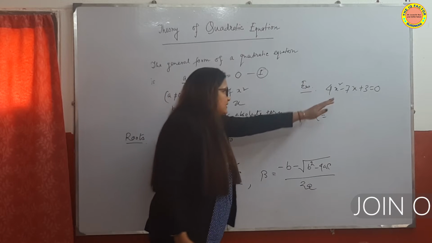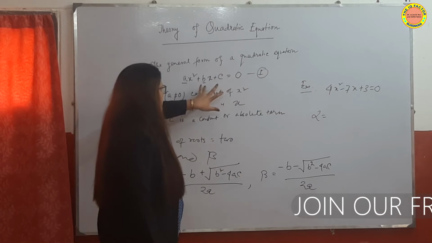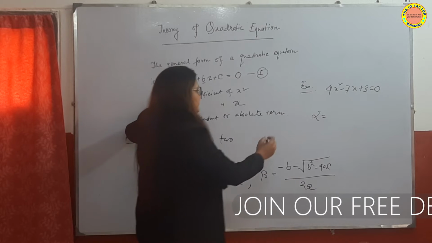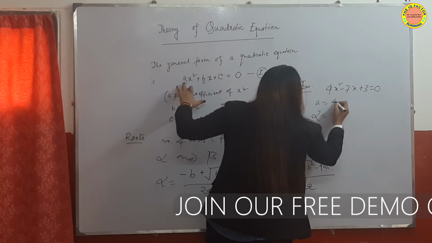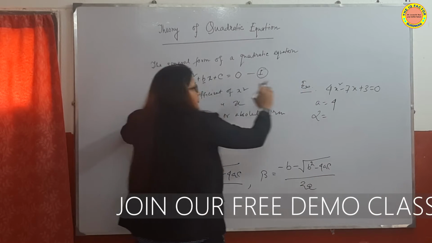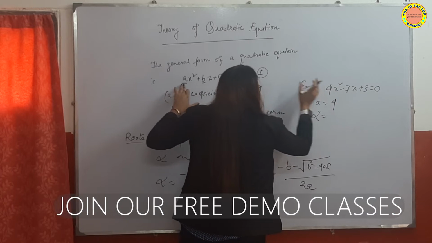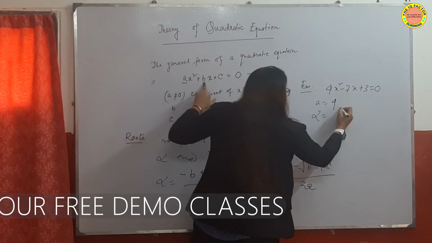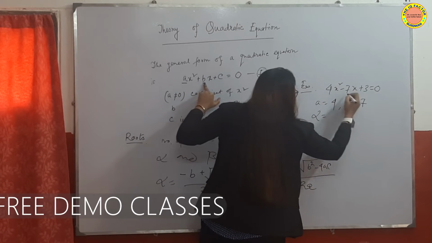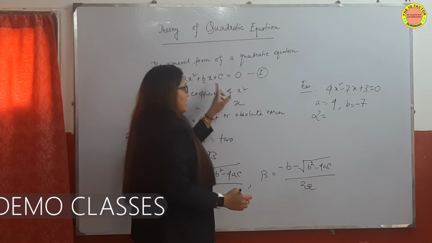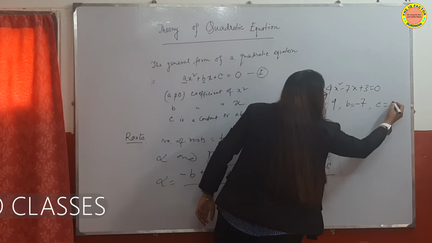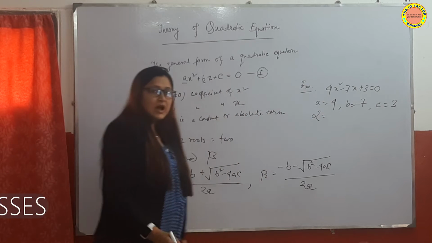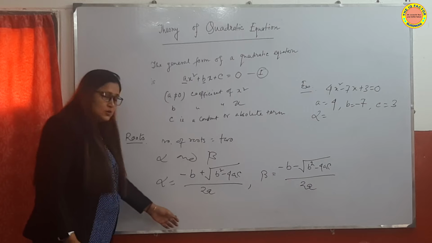So comparing that equation with this equation, a is 4, b is minus 7, and c is 3.